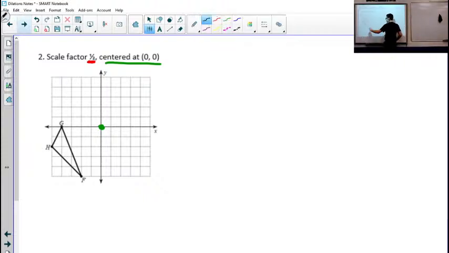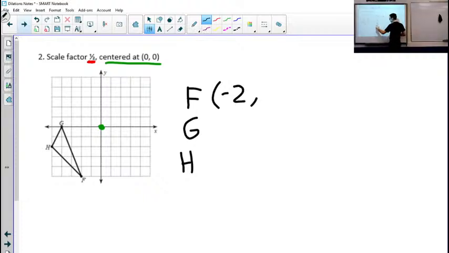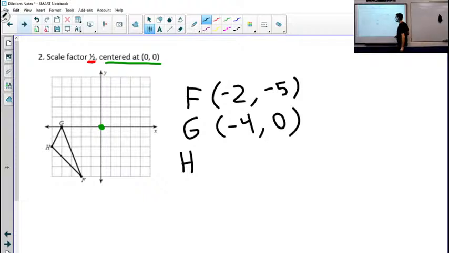So let's go ahead and write down each of these coordinates. Sorry, F, then G, then H. That's how the alphabet works. So F is at -2, -5. G is at -4, 0.